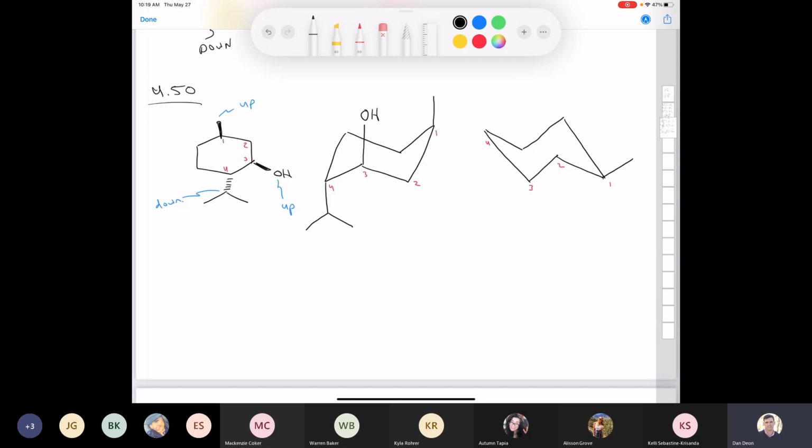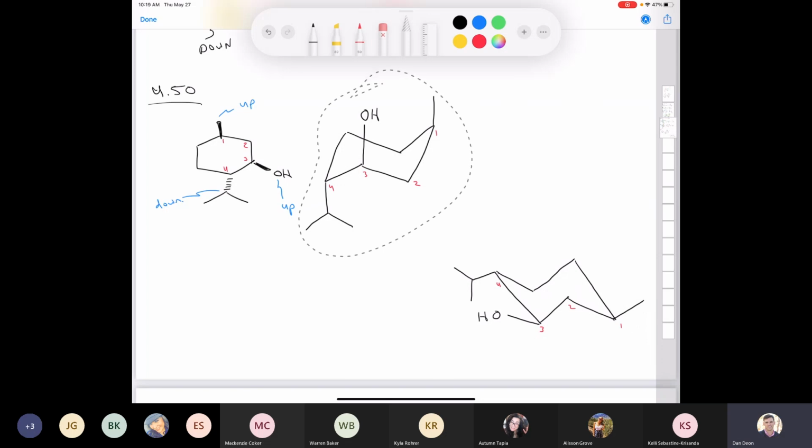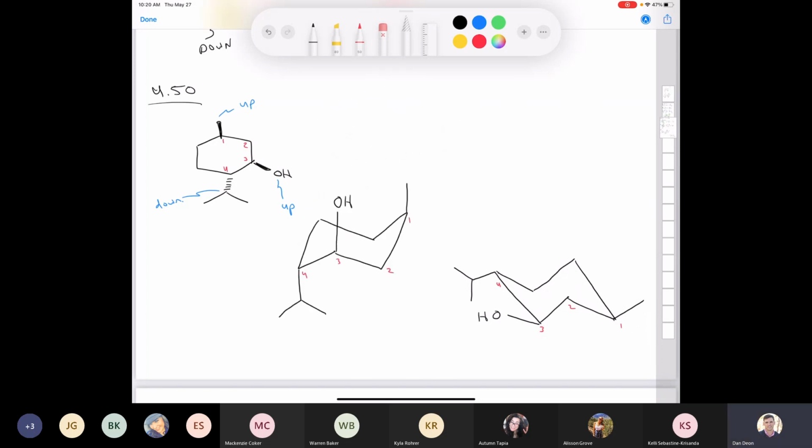On carbon 3, the hydroxyl is pointing up, but it is equatorial. And the isopropyl group is down, and it is equatorial. So maybe I'll move the whole thing down here, and I'll move this one over here.